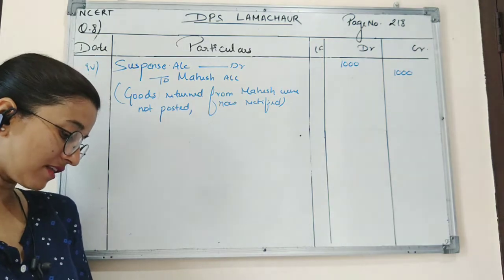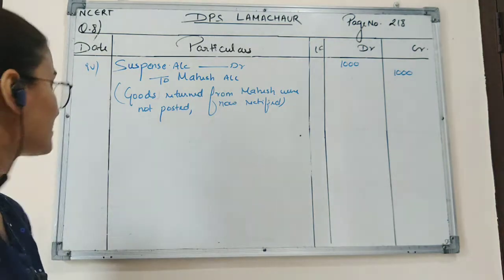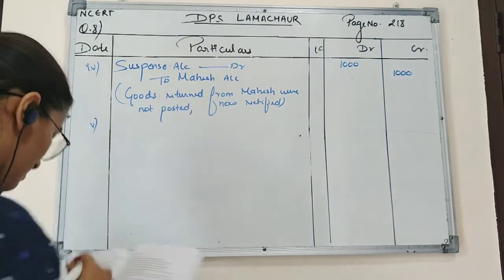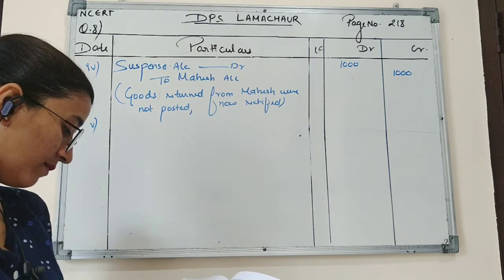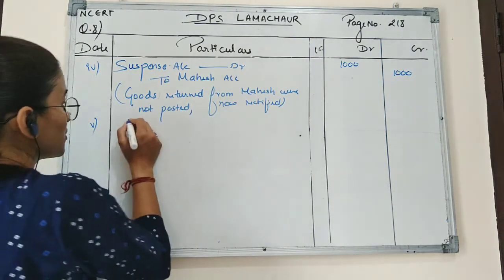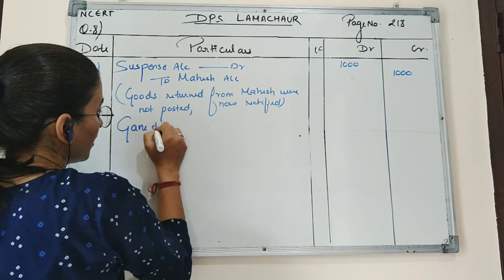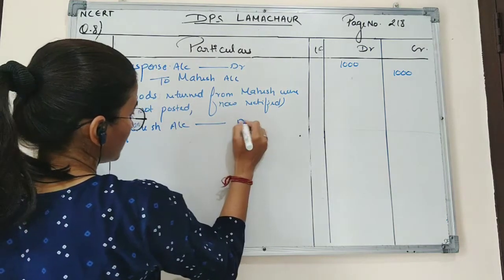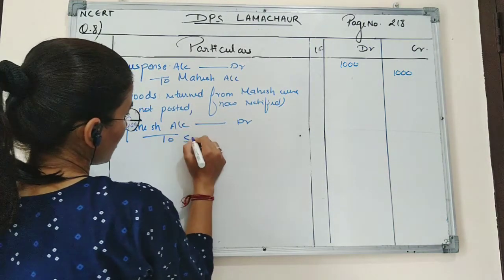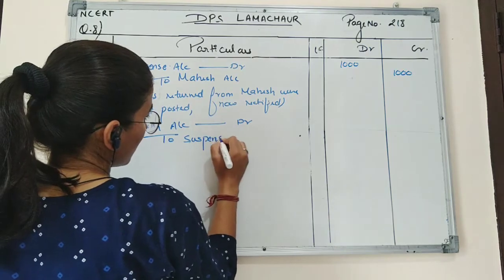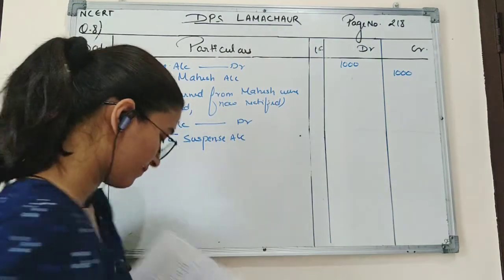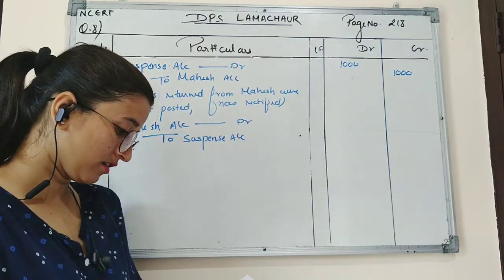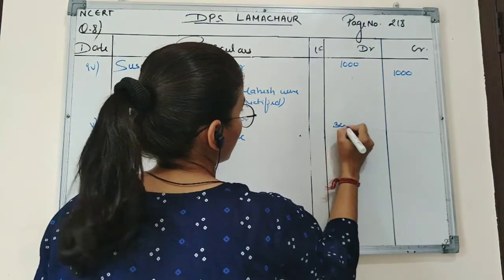Now, the next transaction is cash paid to Ganesh rupees 3000 were not posted. So to rectify this error, we will post this transaction. Entry for this transaction will be cash paid to Ganesh. Ganesh account debit to suspense account and the amount is 3000.